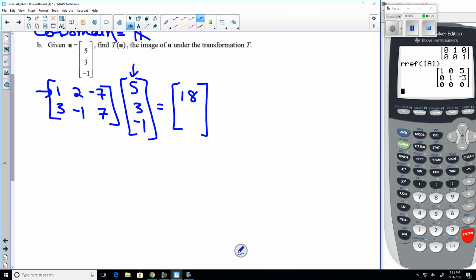Then the second entry, I've got to take the second row of A, dot product with X. So this is 15 minus 3 minus 7.